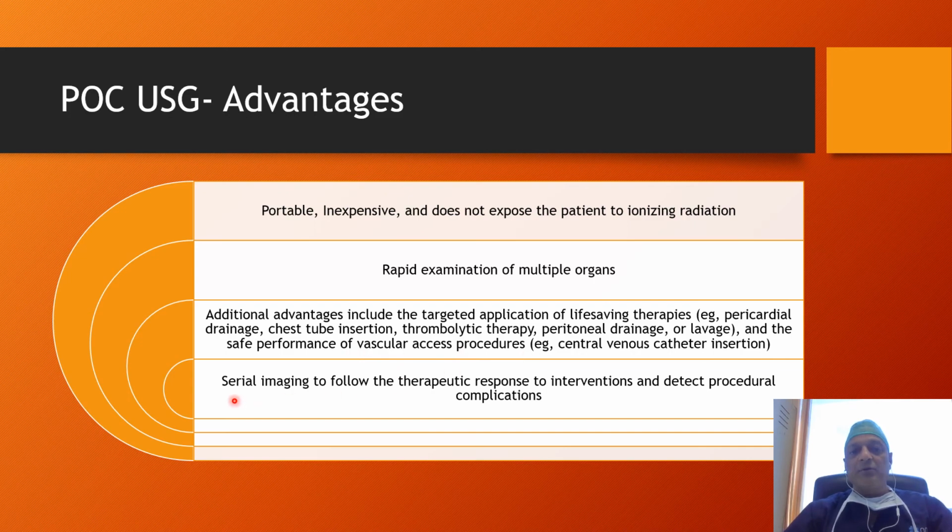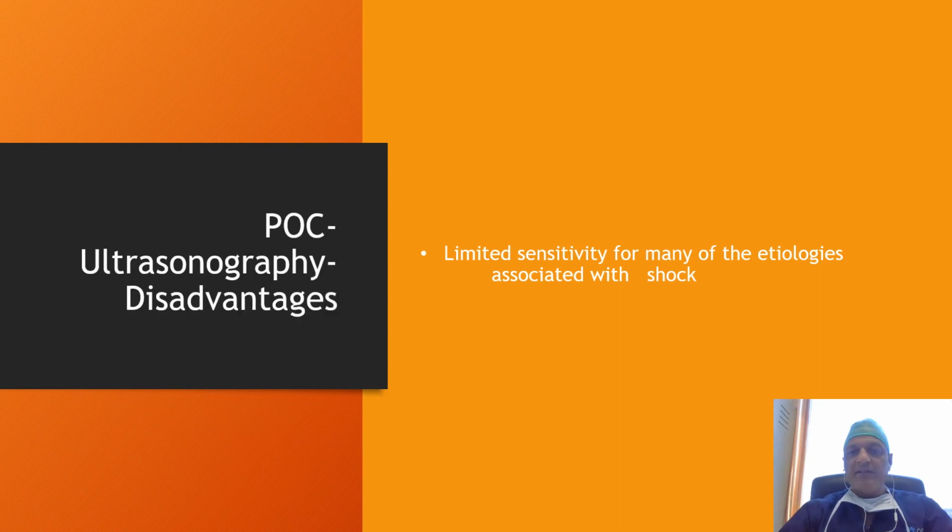Another advantage is that serial imaging can be done to follow the therapeutic response to intervention and to detect procedural complications. In terms of disadvantages, it has limited sensitivity for many of the etiologies associated with shock. For example, if the patient has a hyperdynamic small cardiac chamber, it cannot differentiate whether it is due to hypovolemia or because of sepsis.